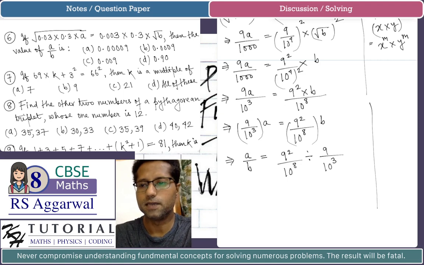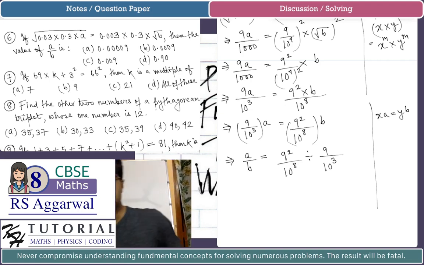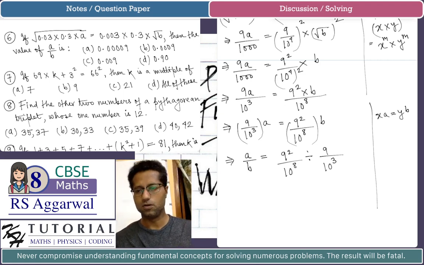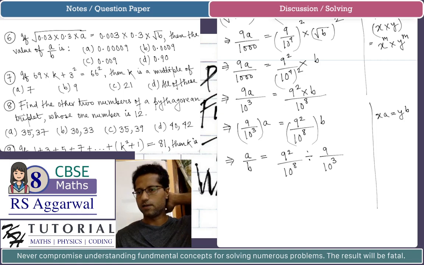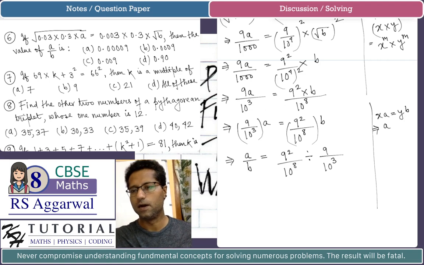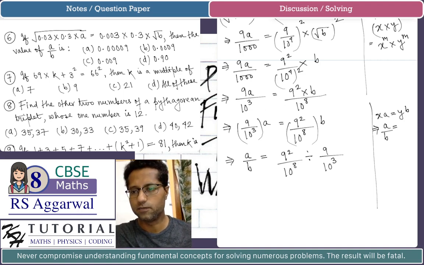The concept applied is that if you have xa equal to yb, where x, y, a and b are non-zero rational numbers, you can always say that a by b, that is from the right hand side you bring b down, and you bring the coefficient of x down to the right hand side, that is y by x.